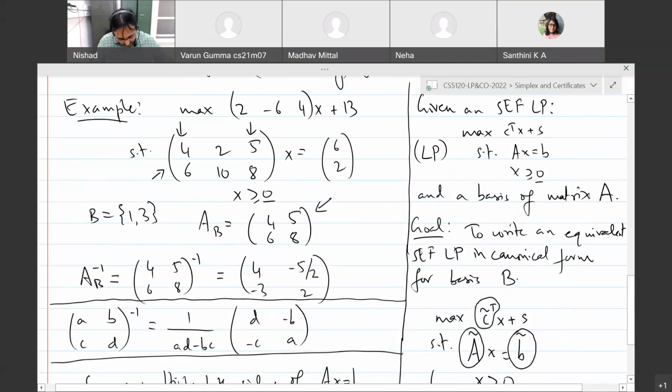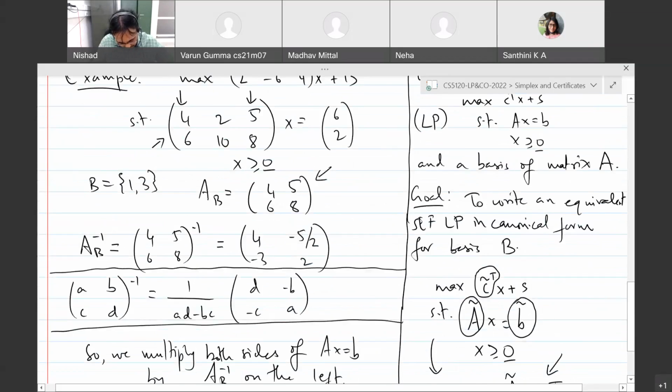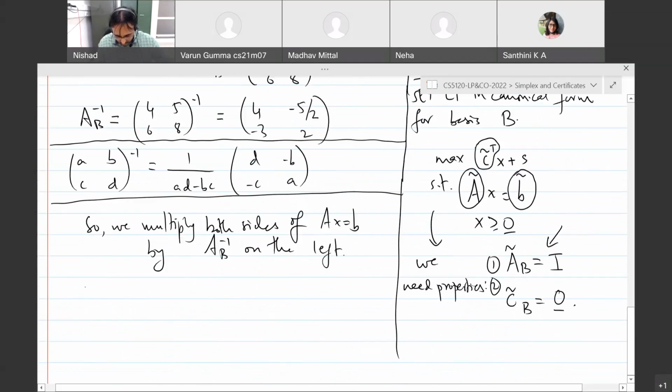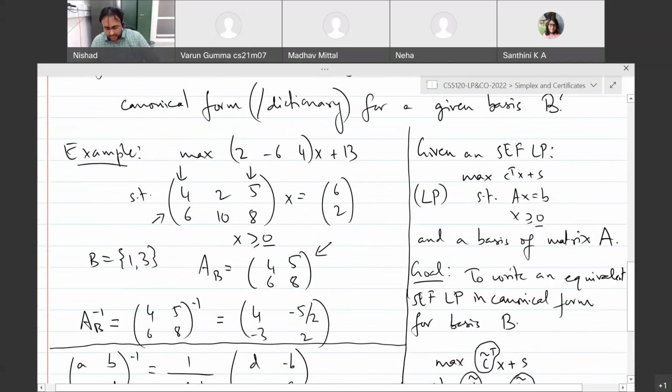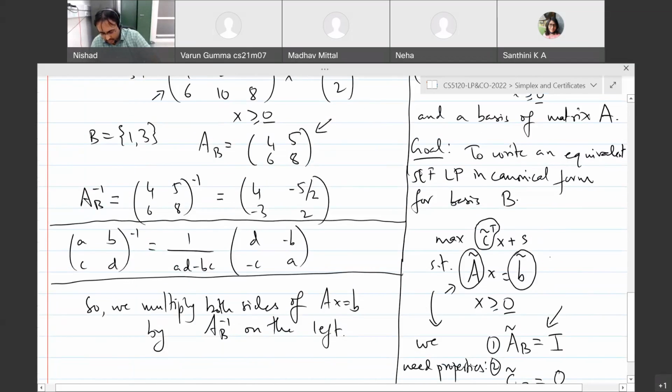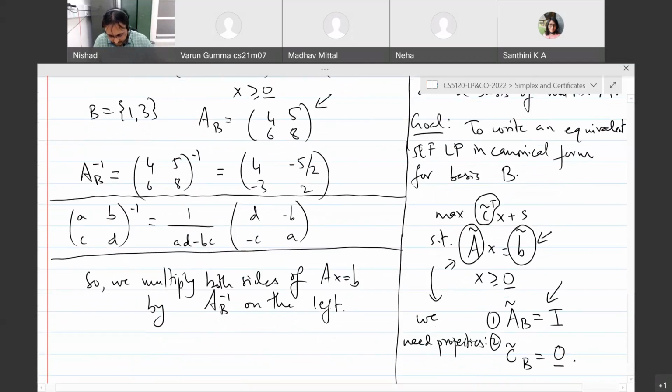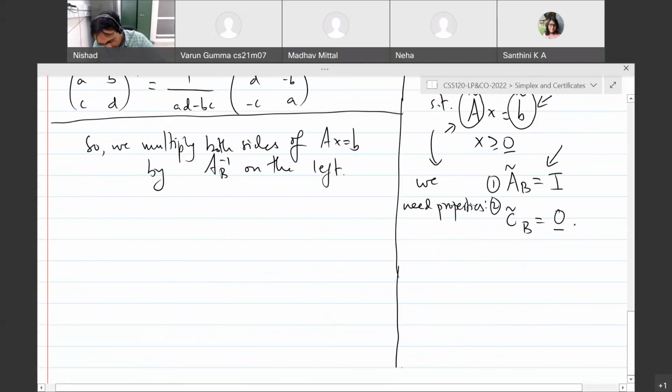All right, so let's write that down. This part is actually quite simple. If you want to get A tilde and b tilde, you are basically multiplying both sides on the left by AB inverse. So this part is fairly clear.